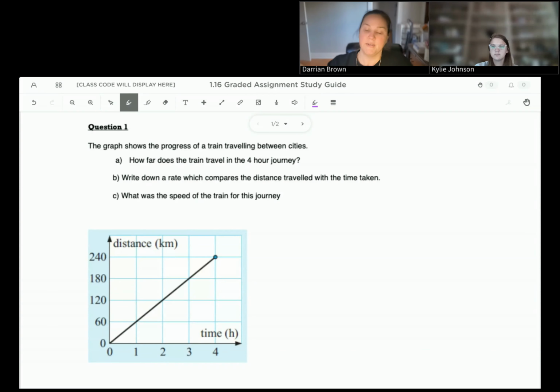Yes, very good. So that's how you read this graph. You just go over to however many hours you want and up until you hit the line, which is right here at 240 kilometers. So that's all you need to put for number 1, 240 km, which just stands for kilometers.